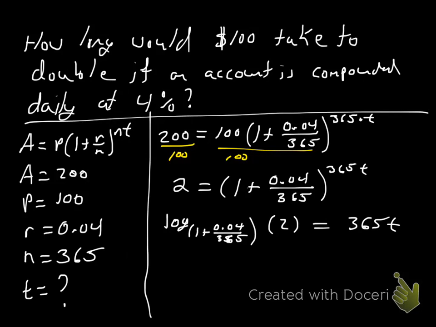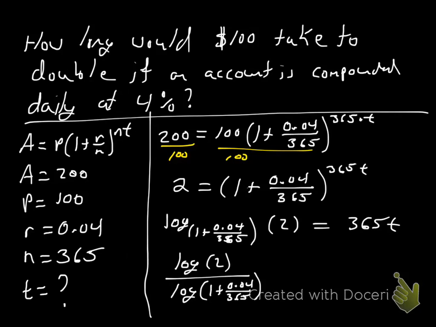Okay. Now, for lack of real estate, I'm going to do 2 steps here. I'm going to divide by 365. Dividing by 365 is the exact same thing as multiplying by 1 over 365. The second thing I'm going to do is use my change of base formula. So change of base is log of the argument divided by log of the base, because most calculators are not going to do the base of 1 plus 0.04 over 365.